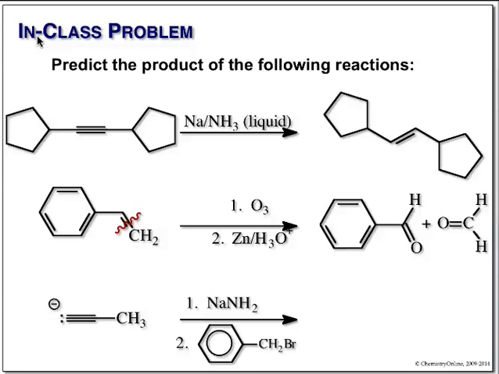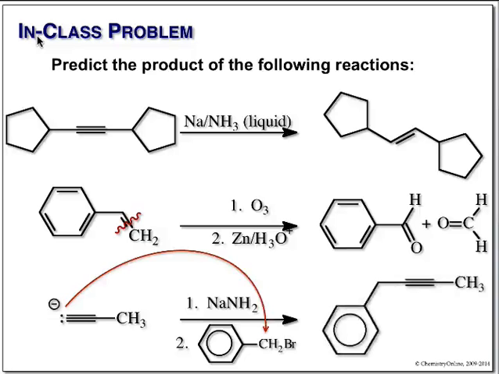So after step 1, we have our anion. Here we have an alkyl halide, benzyl halide actually. This is simply going to attack in an SN2 reaction, displace the bromine, and what we've done is to simply tag the carbon portion of our alkyne onto our benzyl group.